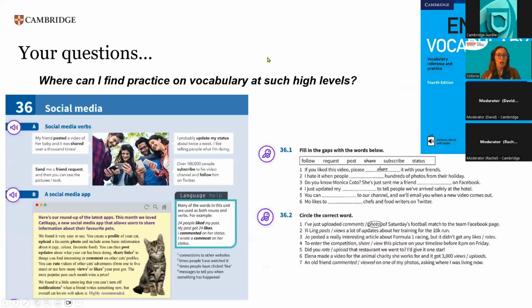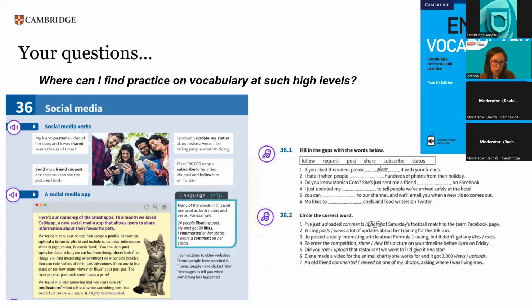And then there were quite a lot of questions about how to practice vocab and grammar and language at such high levels. Well, you can practice vocabulary using, for example, English Vocabulary in Use. It is one of our learning materials, and there you can find a variety of topics and also you can practice or improve your knowledge of word formation, compound words, phrasal verbs, varieties of English.